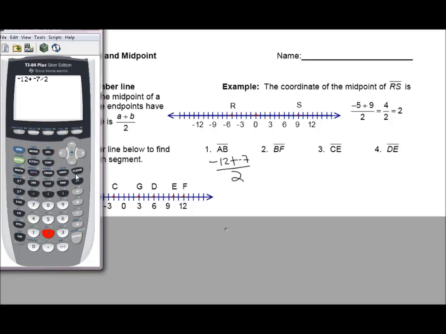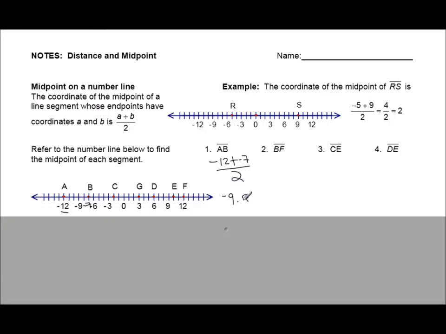We want it to take the entire numerator, negative 12 plus a negative 7, and divide that whole thing by 2. So if you're going to use your calculator and you're not going to do the math in your head, then you need to set a parentheses at the numerator. So it'll take the entire value and divide by 2. So your midpoint would be negative 9.5.